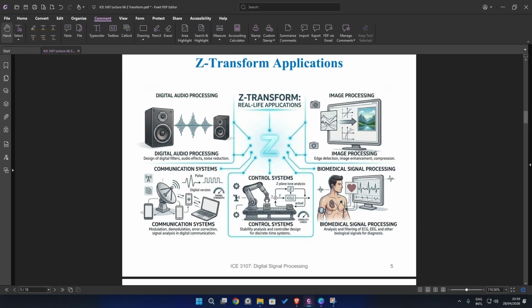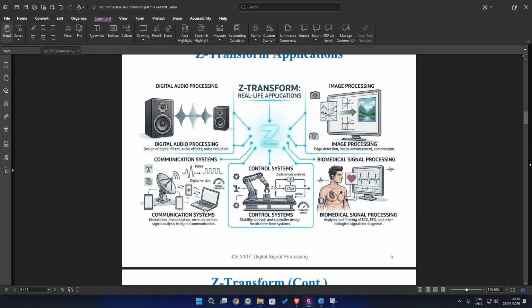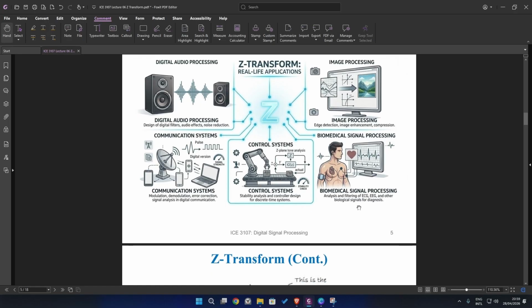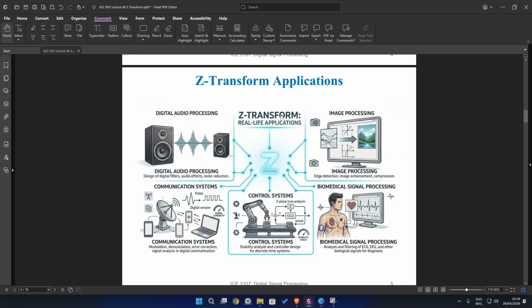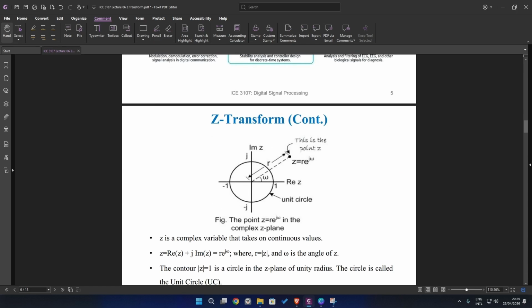Communication systems, we already know about modulation, demodulation, error correction, and in control systems also, and especially in biomedical signal processing. We have also learned about ECG, EEG. So these are some of the real life applications of the Z transform.